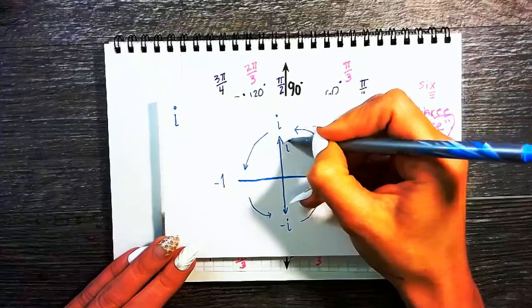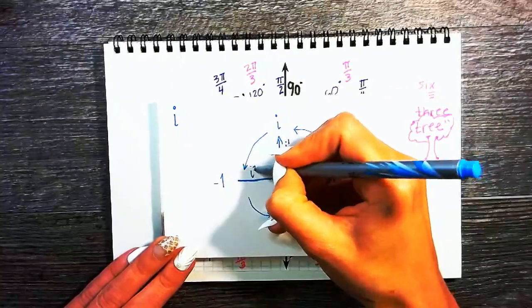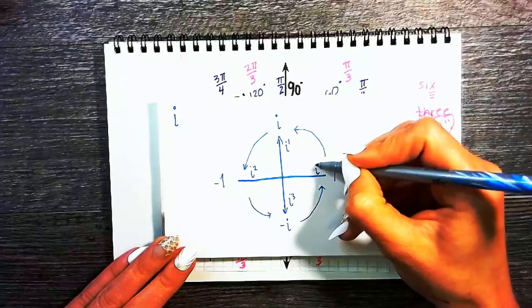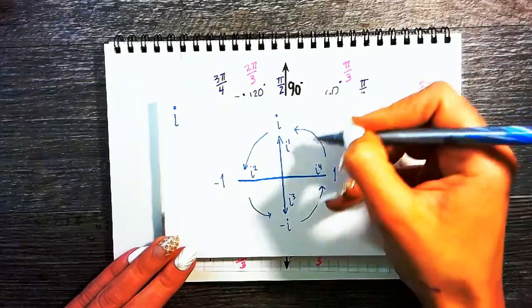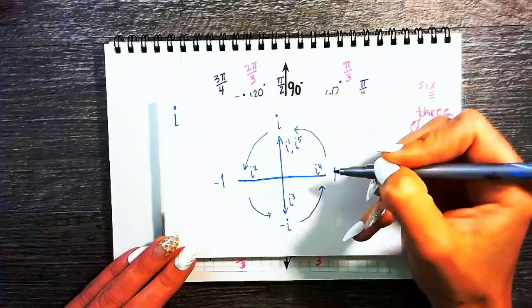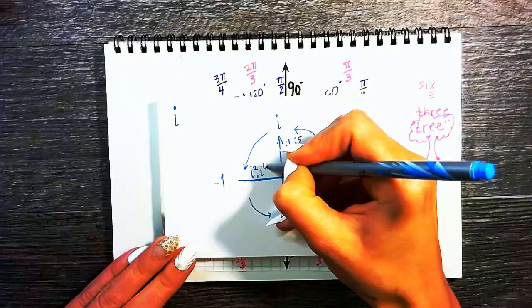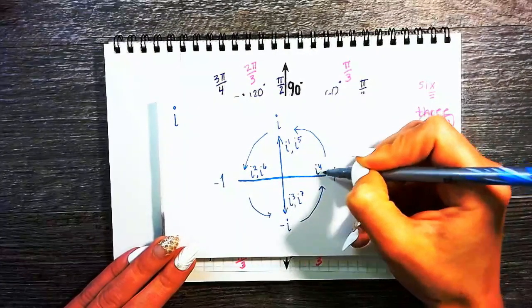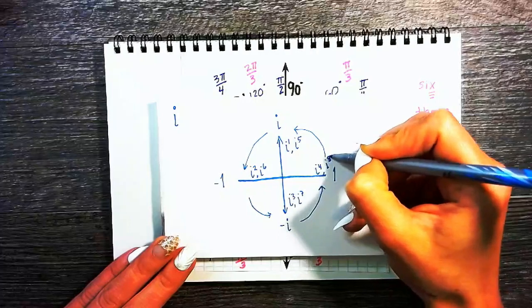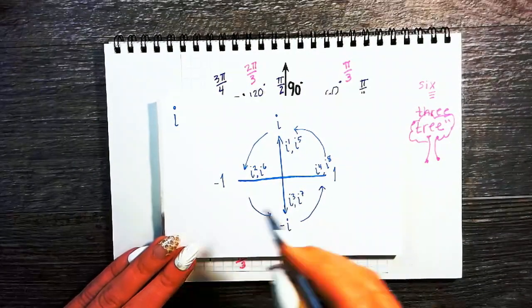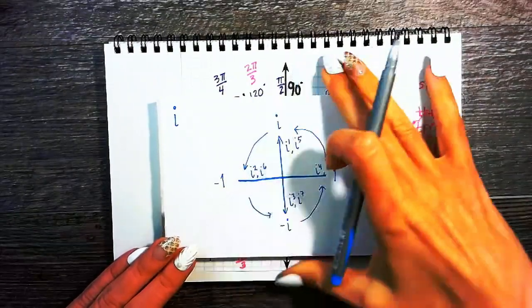So again, i to the 1, 2, 3, 4, and then I just repeat once more, i to the 5, 6, 7, 8. Once you have that, it really explains itself and you know it's cyclic and repeats itself over and over.